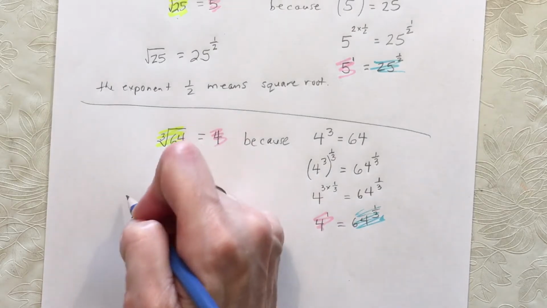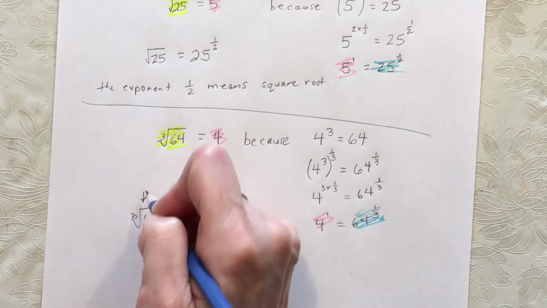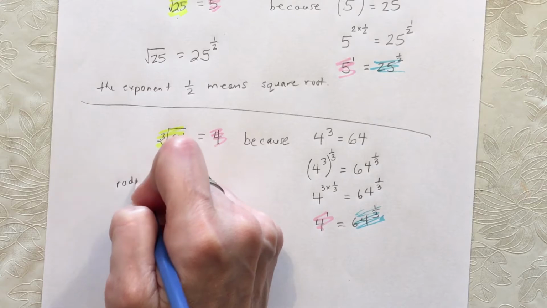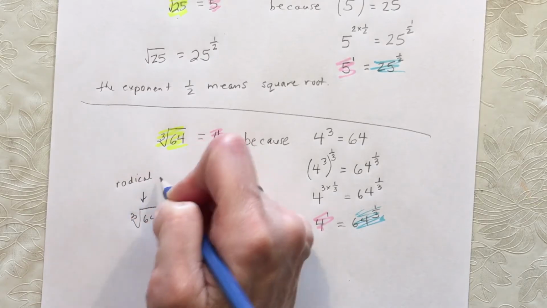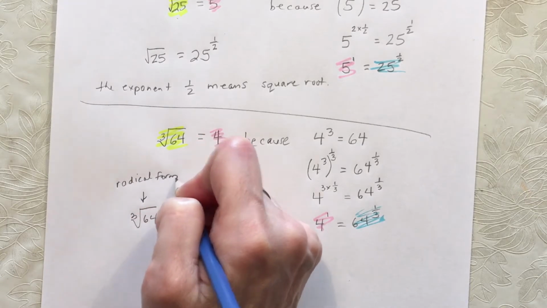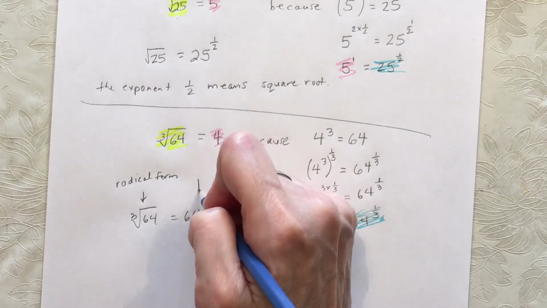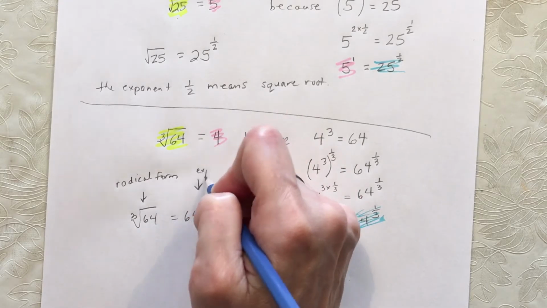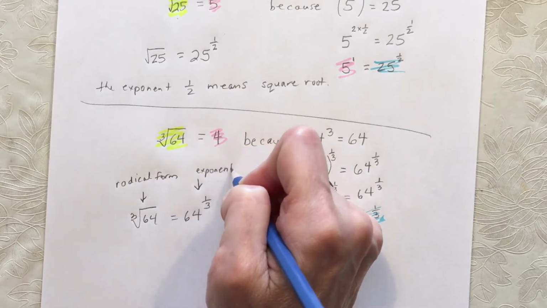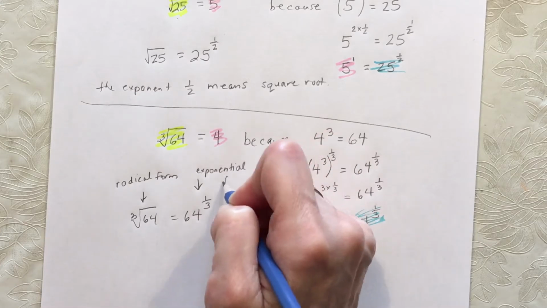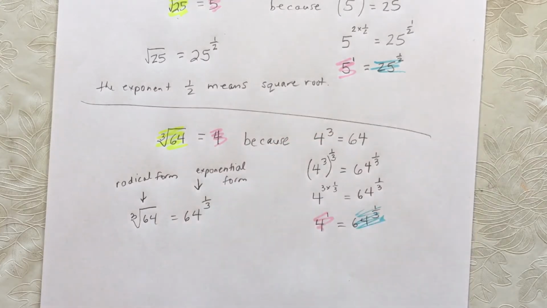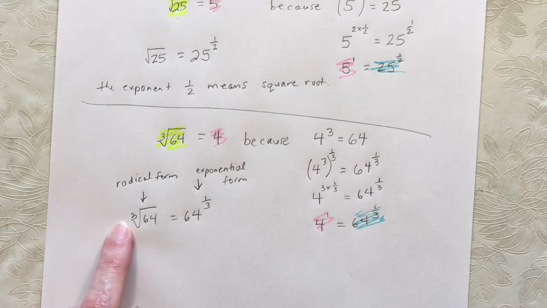This is what we call radical form. The square root symbol is called the radical symbol, which we learned when we were doing quadratics. And this is called exponential form. But they mean the same thing. When you look at the third root of 64, you think: what number multiplies by itself 3 times to give you 64?